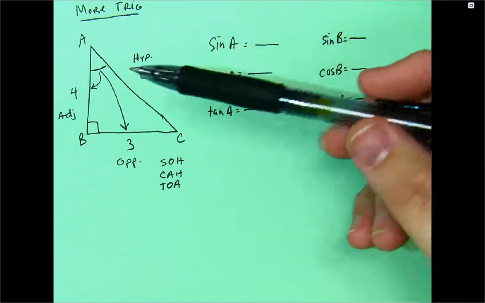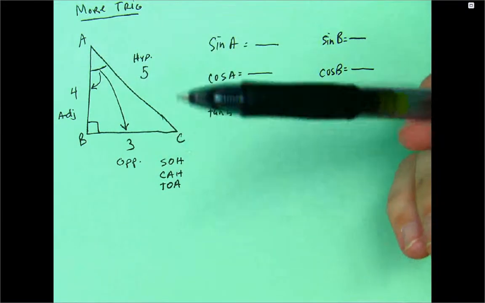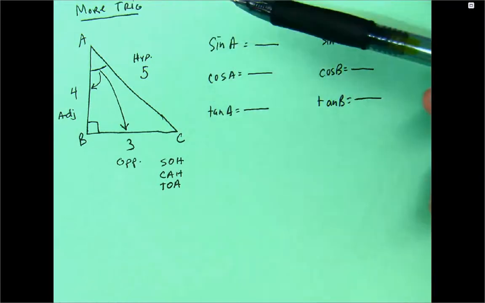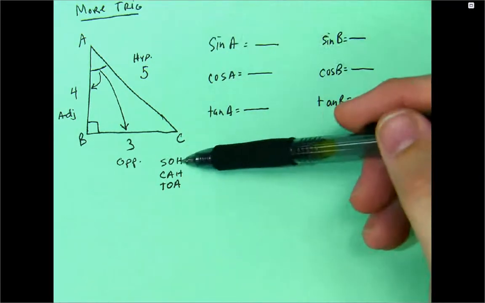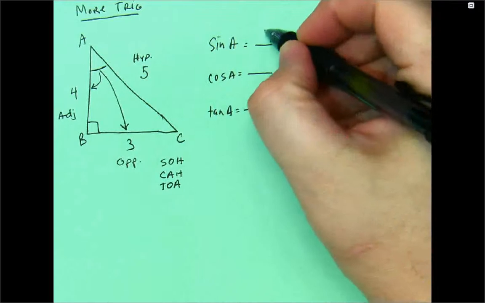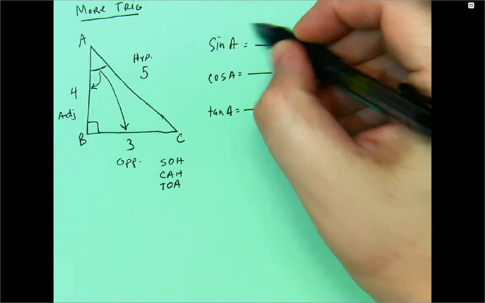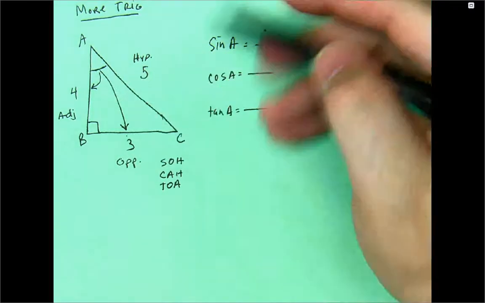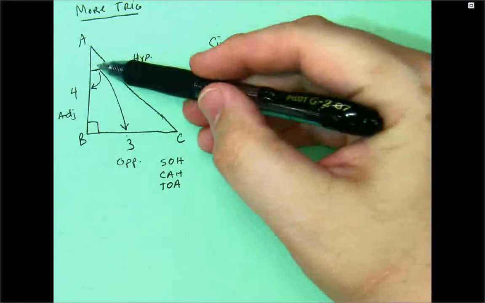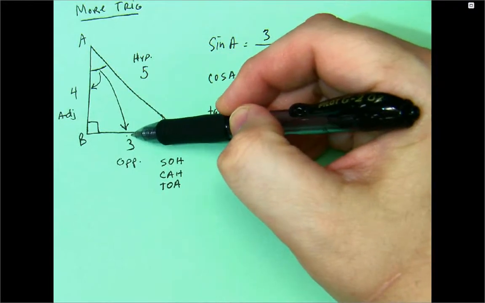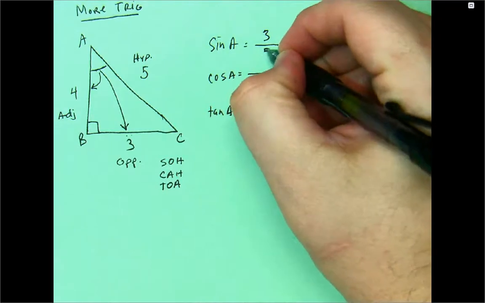Alright, so I know you guys are furiously writing, but for the sine, it's opposite over hypotenuse. What's the opposite side? 3. The opposite side is always going to be the farthest side away. And the hypotenuse is 5, so we put a 5 there.